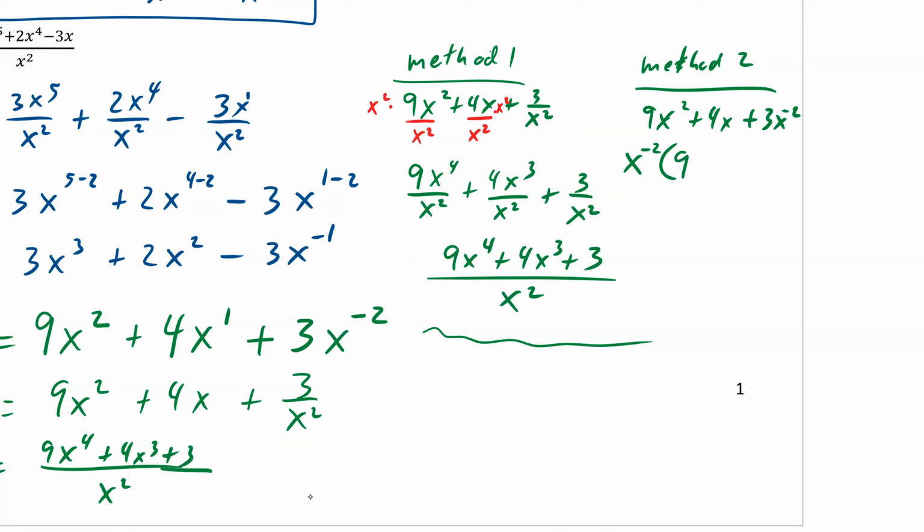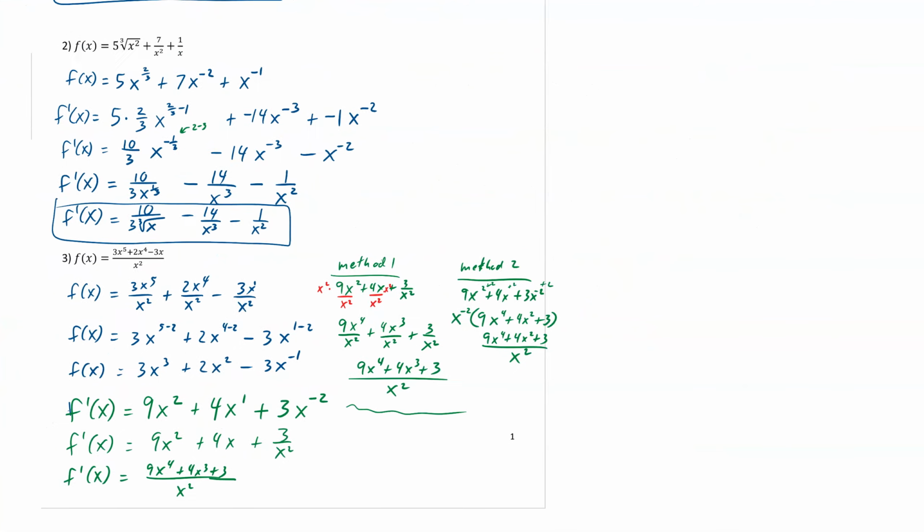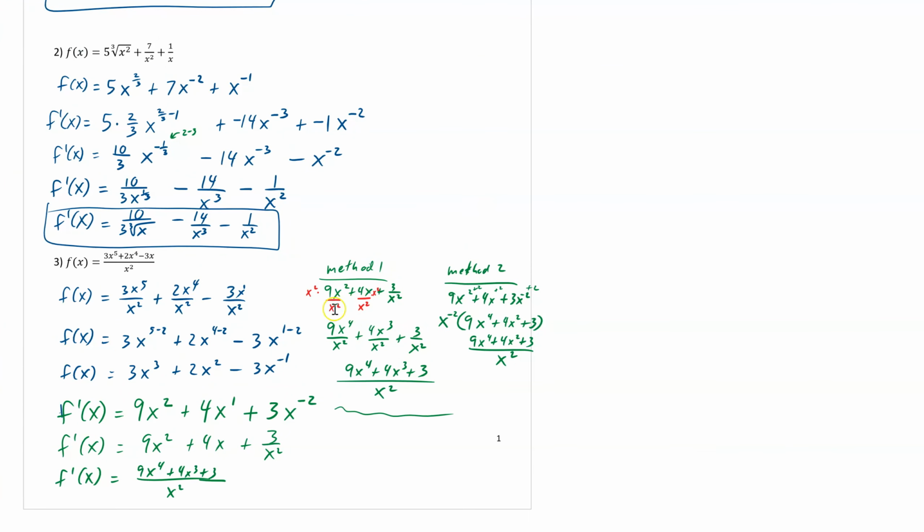And what that means is we add 2 to each one. Just like that. So we get 9x to the 4 plus 4x squared plus 3 because we removed that x squared. And now we have 9x to the 4th plus 4x squared plus 3. And then that x to the negative 2 just goes to the bottom like that. And you notice it's the same thing. So there you have it. You can pick the method you like. I guarantee most people are going to pick this one, but I like this one.